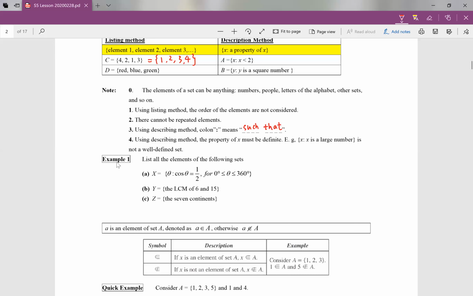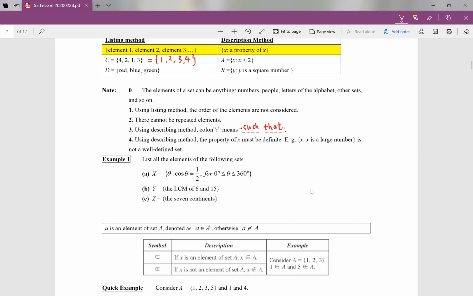I'll give you some examples. Example 1, list all elements of the following sets. First set, X is {theta : cosine theta is 1/2, and theta is between 0 degree and 360 degree inclusive}.